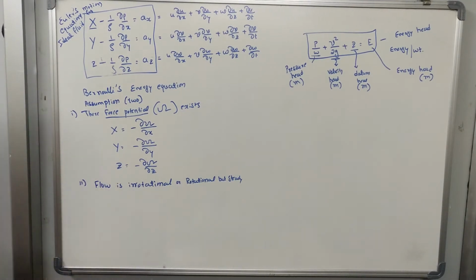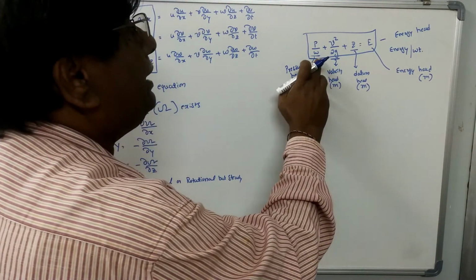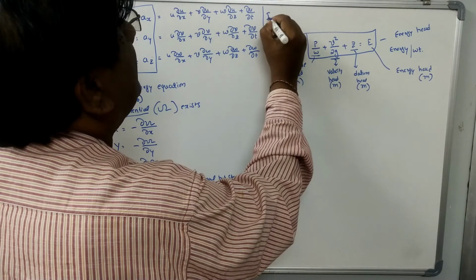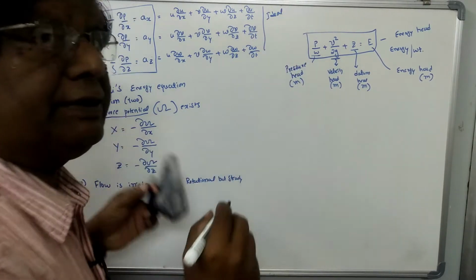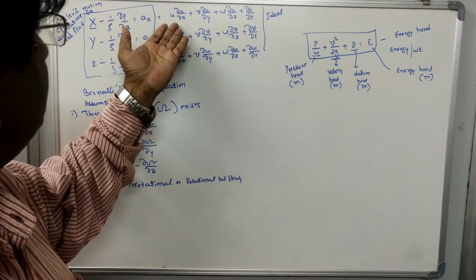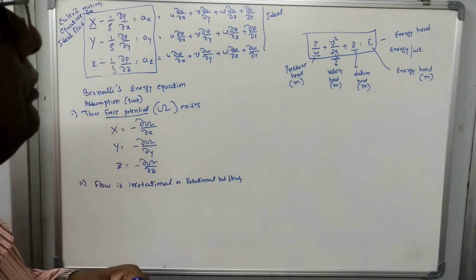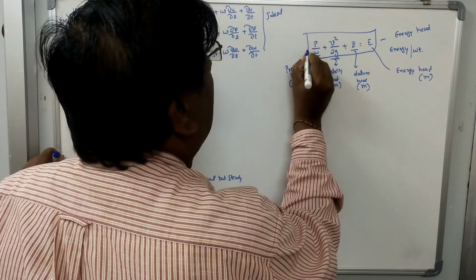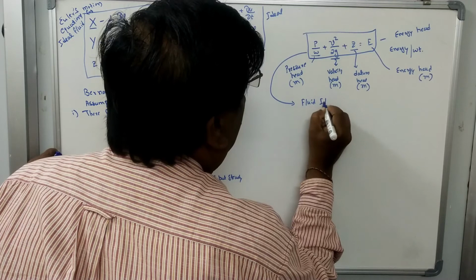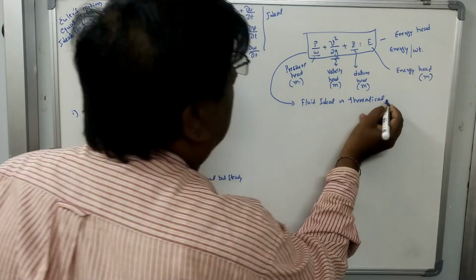While deriving the Euler's equation, we have assumed that the fluid is ideal. Based on integrating the Euler's motion equation, we got the Bernoulli's energy equation, so here also the fluid is ideal, or theoretical.